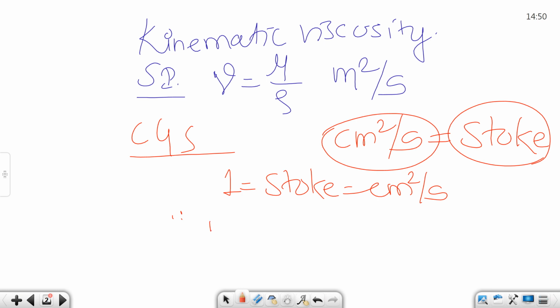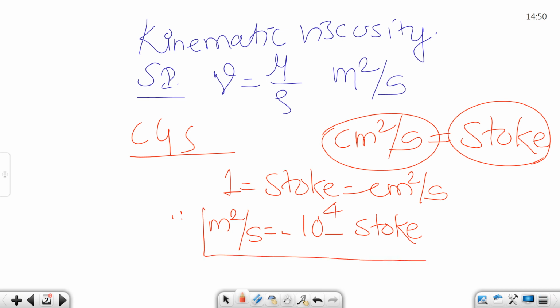Therefore, to convert meter square per second into Stokes, that is in the CGS system, I need to multiply by 10 raised to plus 4. 1 meter square per second is equal to 10 raised to 4 Stokes. This conversion is required for a few numericals.